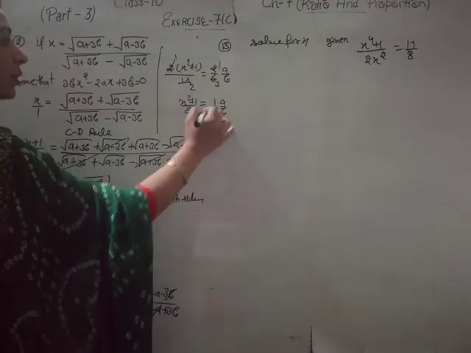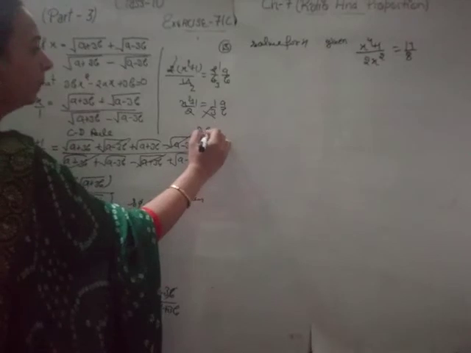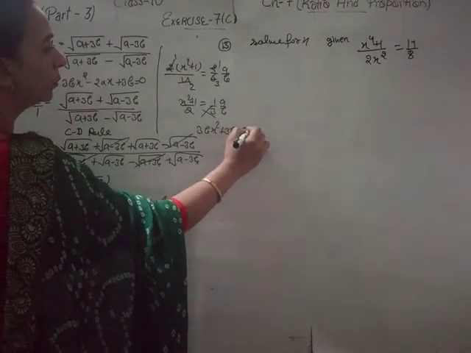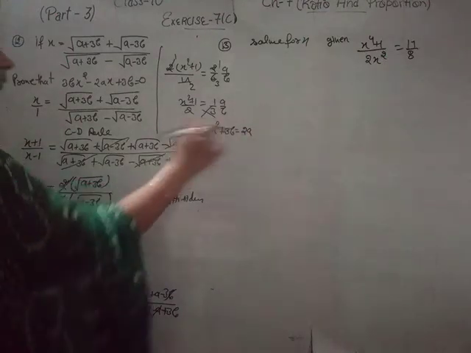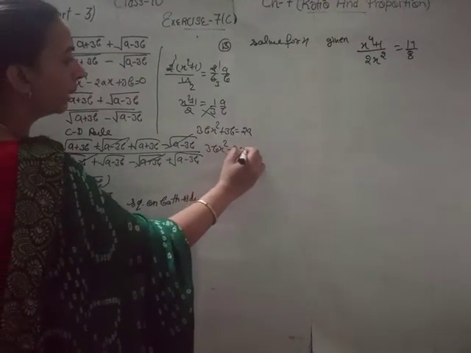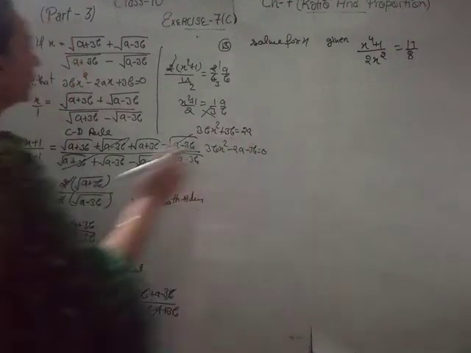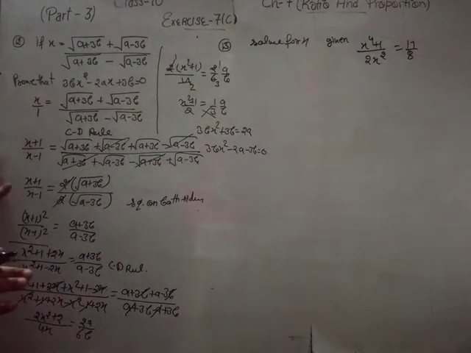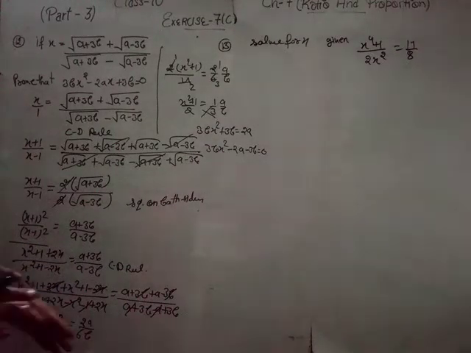Then again cross multiplication, 3b x² + 3b equals 2ax. Okay student, we take 2ax on the left side, then 3b x² − 2a x + 3b equals 0. Okay, and this is the answer. And in this question we apply the CD rule two times. First is here and second is here.